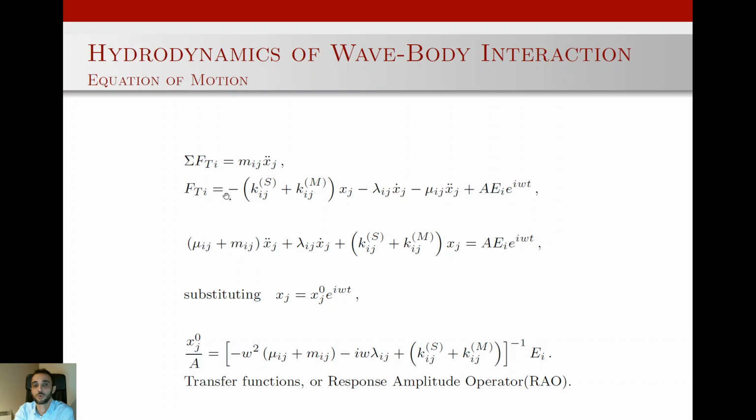So once we integrate all of these into the linear equation of motion, that is, once we substitute this into this equation, we would have this for FTi, the total forces. We can rearrange it to appear this way: the added mass of the fluid and the mass matrix of the object times the acceleration of the body, plus the wave damping times velocity, and the restoring coefficients due to the hydrostatic restoring and the mooring lines.